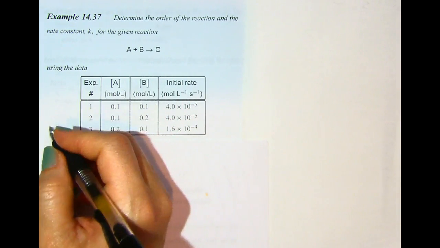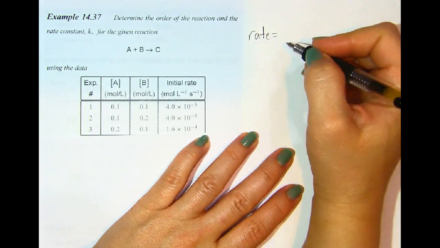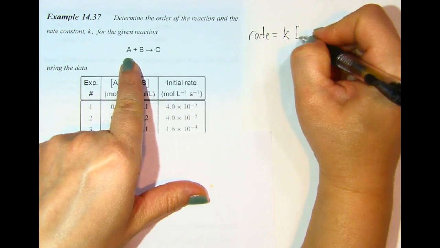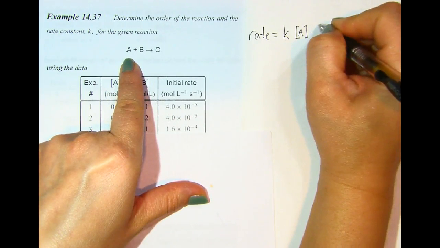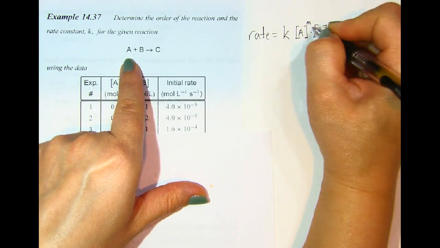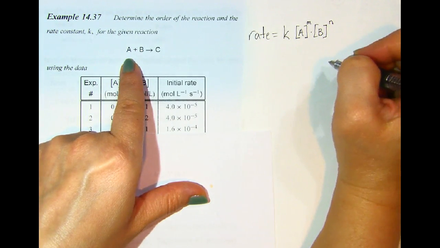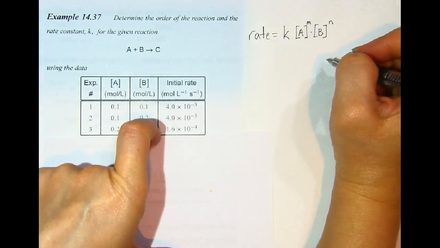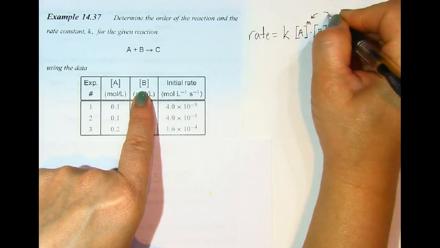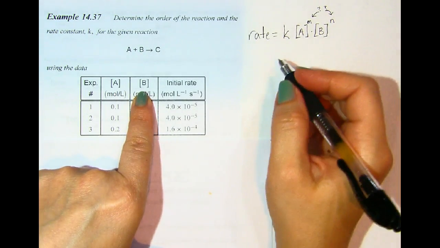We'll have the rate is equal to K, the rate constant, times the concentration of A times the concentration of B, where A is raised to the mth order and B is raised to the nth order. So we're actually going to use this experimental data to help us figure out these two values, the orders of A and B. So how do we do this?